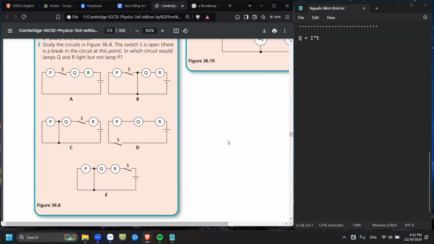Is it the second one, right next to A? I meant B. Is it B?